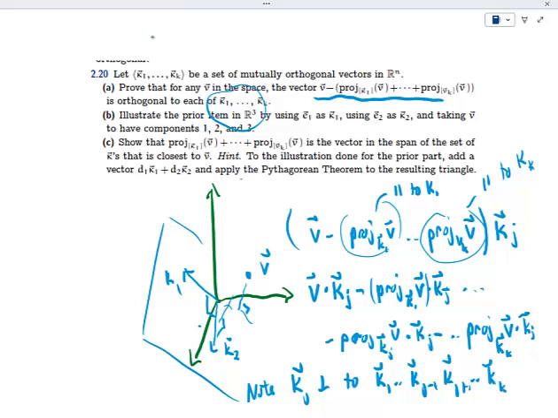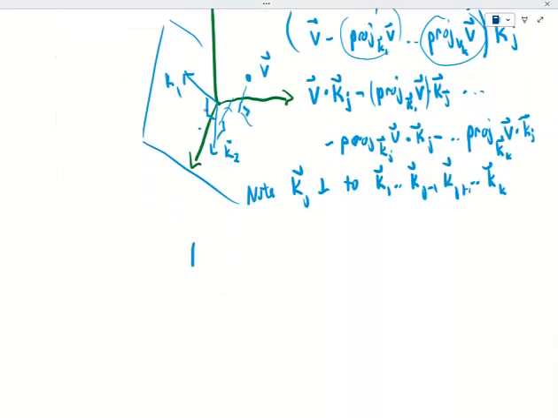And recall also that the projection of any kappa 1, like kappa 1 of V, is parallel to kappa 1, right? So this vector here is parallel to kappa 1.